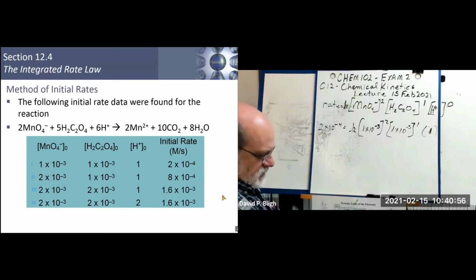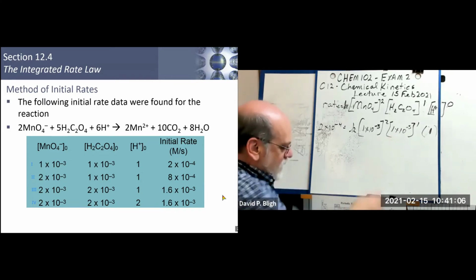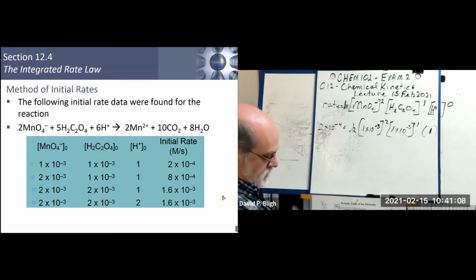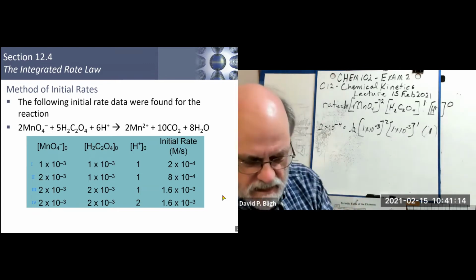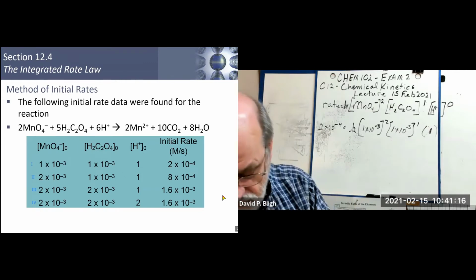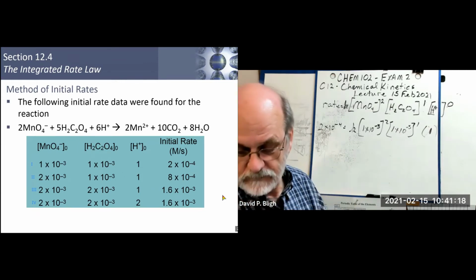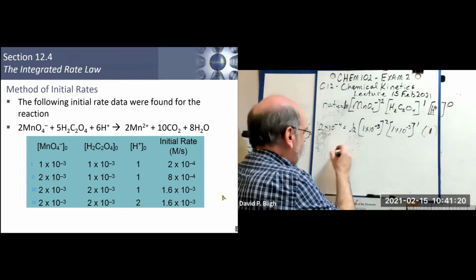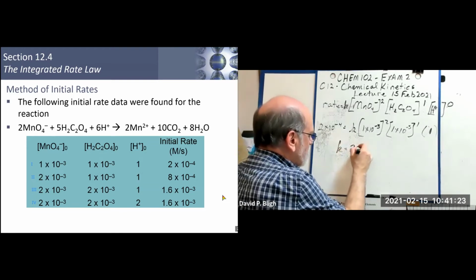So let's see. 2 exponent 4, change the sign, and then divide it by this one, and divide it by that one. And that means K, actually K is 200. K is equal to 200.